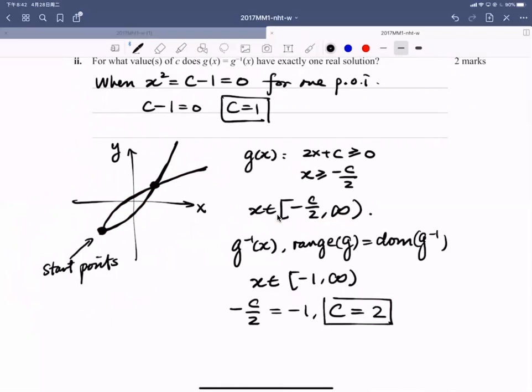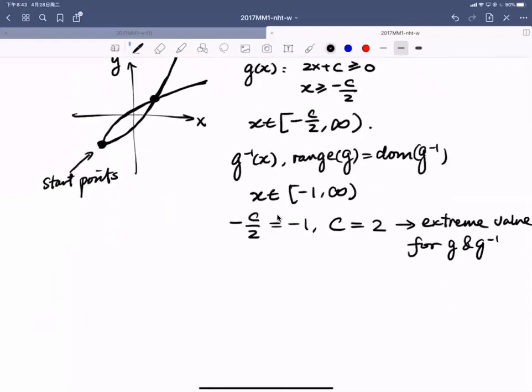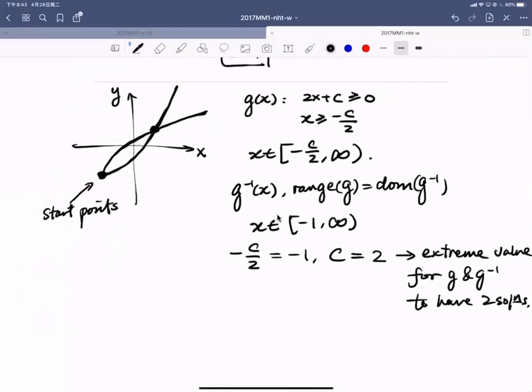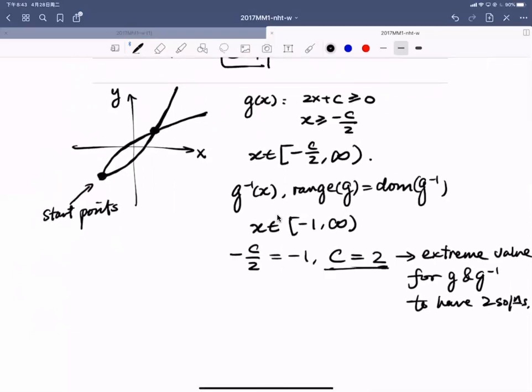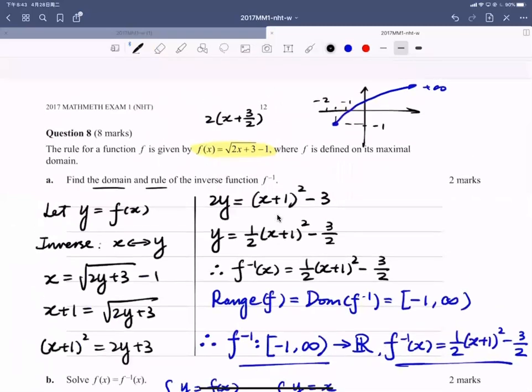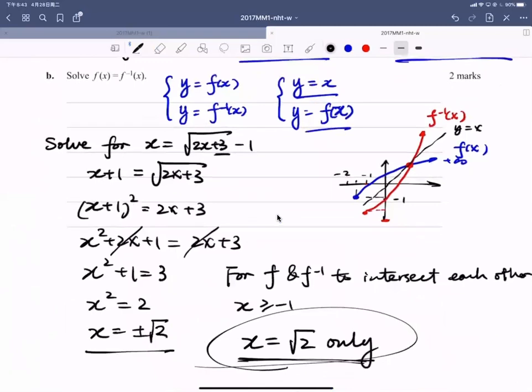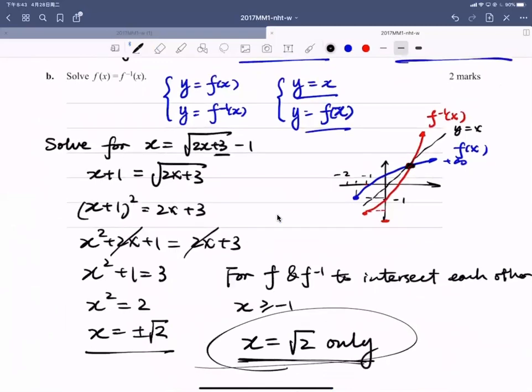But c equals 2 is not the answer we want. It's just an extreme value for g and g inverse to have two solutions, okay? Let's compare this extreme value with the previous example. So when c equals 3, how many solutions do they have? They have one solution only.